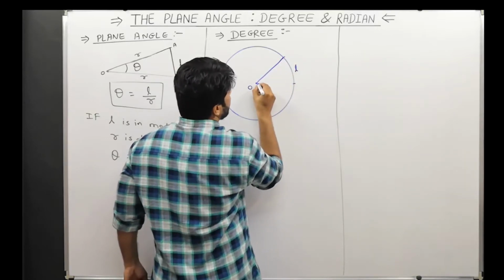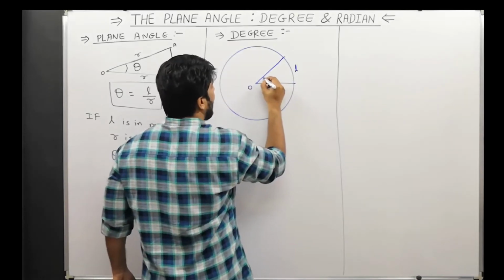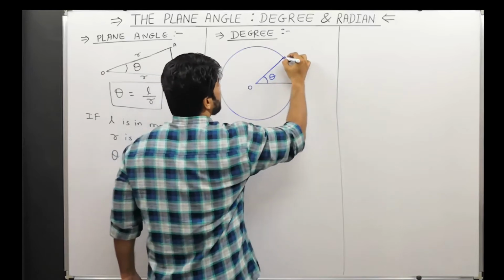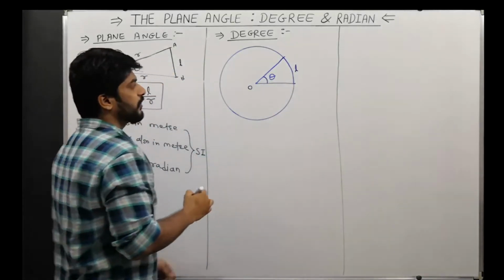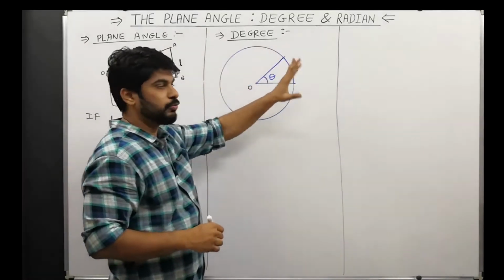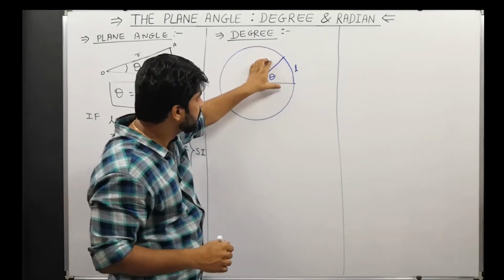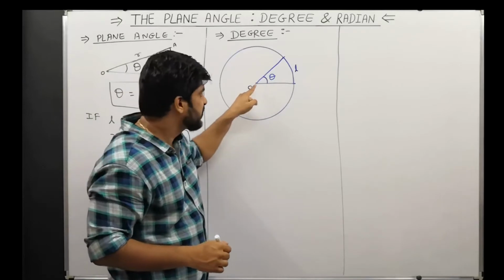You can see here the arc is subtending a certain angle. Let's call this angle theta. I hope this is clear. This arc that we have chosen is subtending a certain angle at this center.